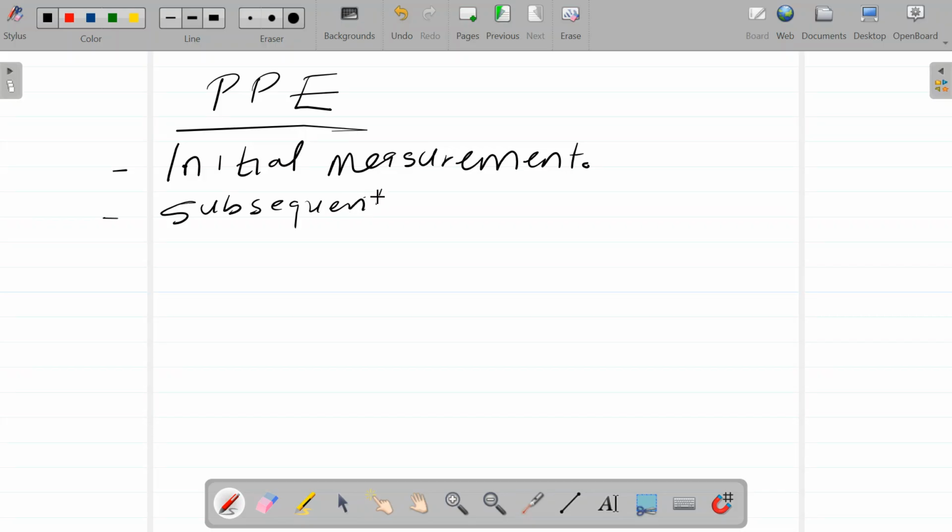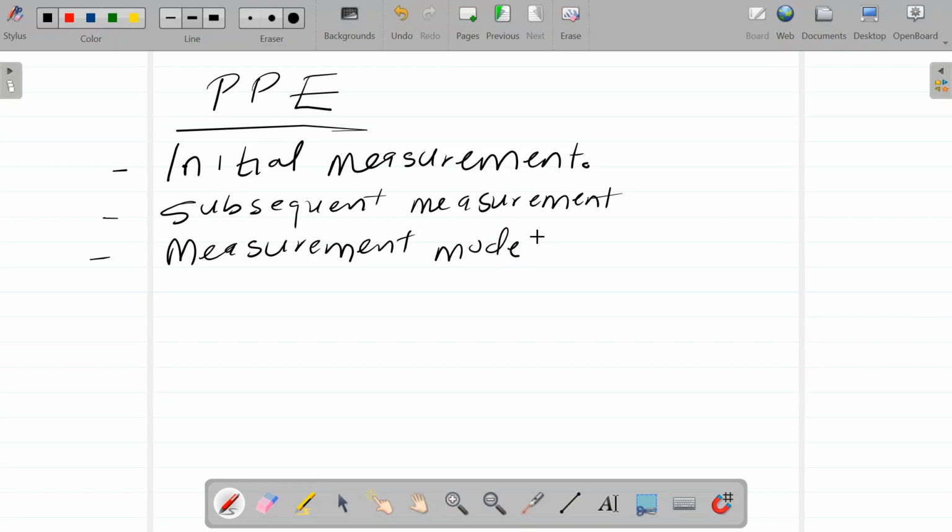After initial measurement, how do we measure it in subsequent periods? Then we have the measurement model. What type of model are we going to use? Then we have terms like depreciation, and we have carrying amounts.